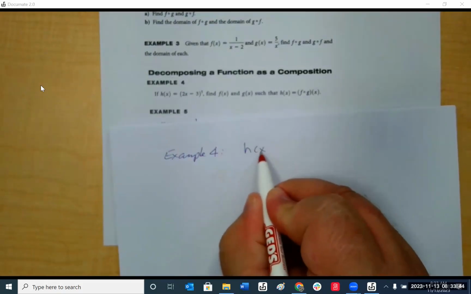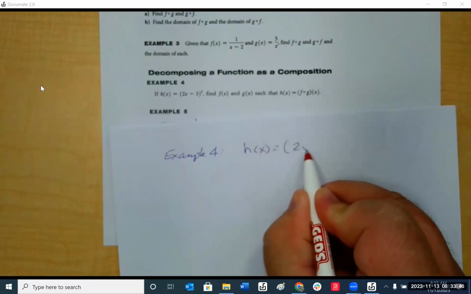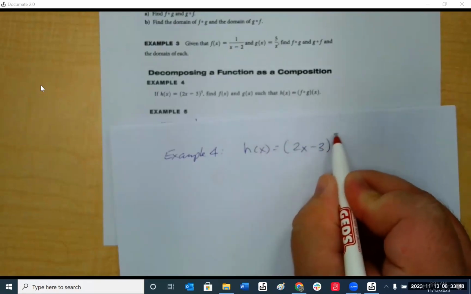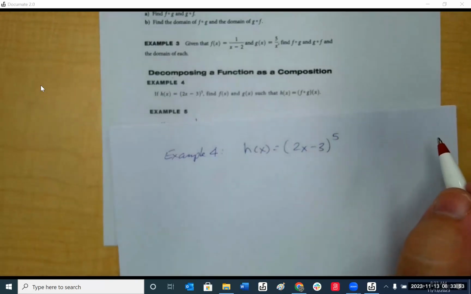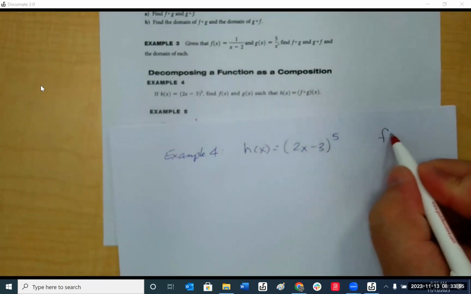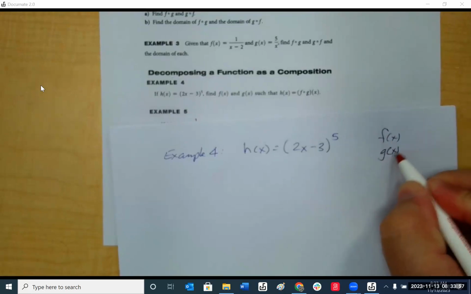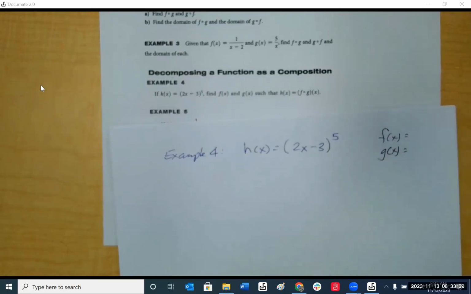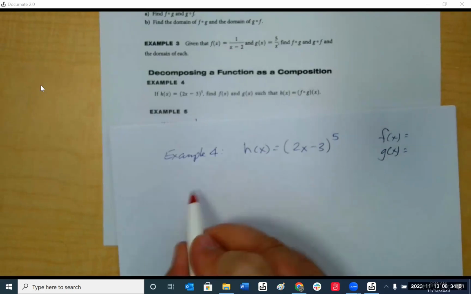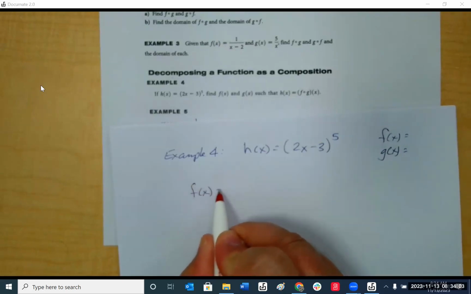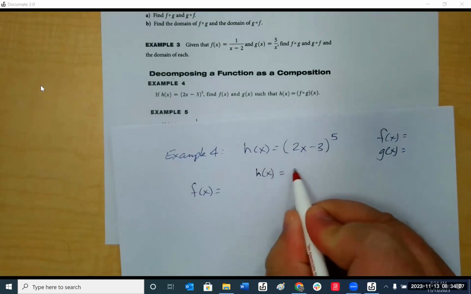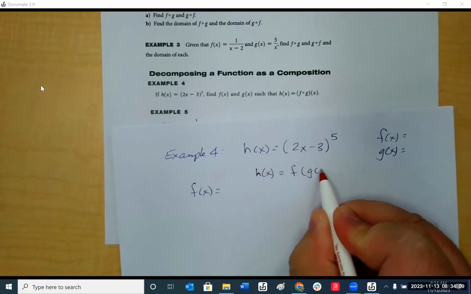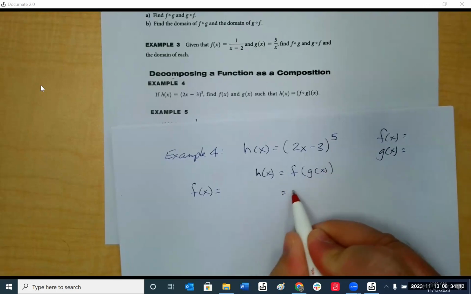H of x is equal to 2x minus 3 to the 5th. Find f of x and g of x. So what is f of x? What we want is a composite function of f of g of x.